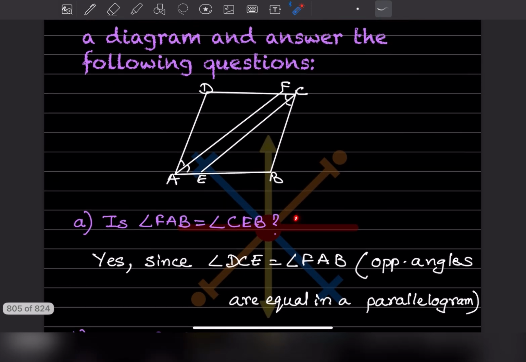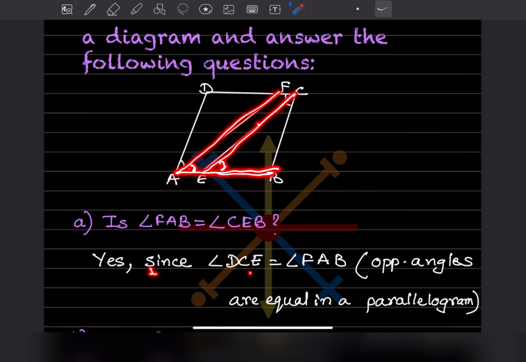This is the question given. Is angle FAB equal to angle CEB? So if you go here, FAB, is this angle equal to CEB? We can say yes, since angle DCE is equal to FAB, because opposite angles are equal in a parallelogram.